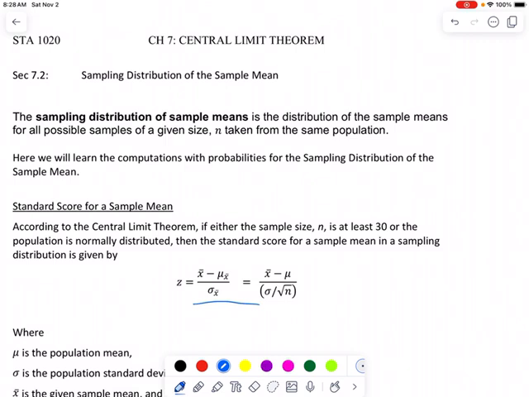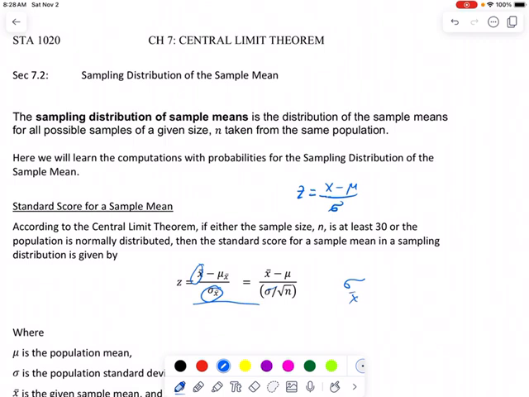So recall that in chapter 6, or in chapter 3 as well, I believe, we use the formula Z is equal to X minus mu over sigma. But this time the X is replaced by X bar, which is the average. And then the sigma X bar is the sigma divided by the square root of n. So sigma is the standard deviation of the population, and so now sigma X bar is the standard deviation of the sampling distribution.